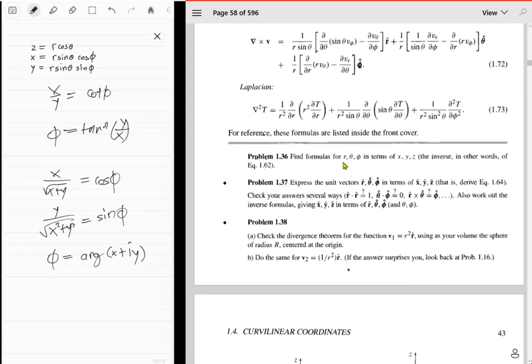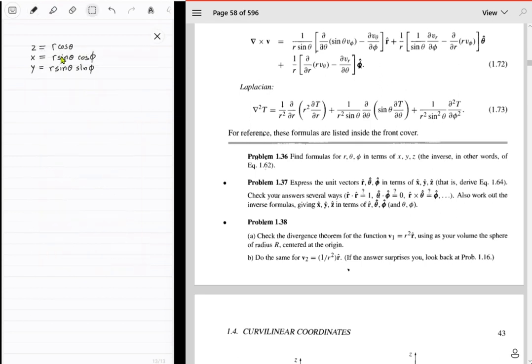Next you want to get theta. Of course you can take x squared plus y squared. There you go. You just got r squared sine square theta that way. z square is just r squared cosine square theta. Well, theta goes from 0 to pi, and z is basically this thing.